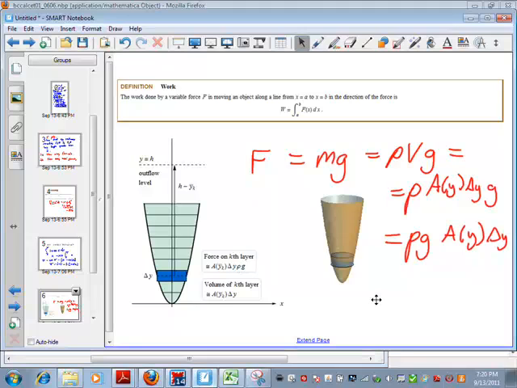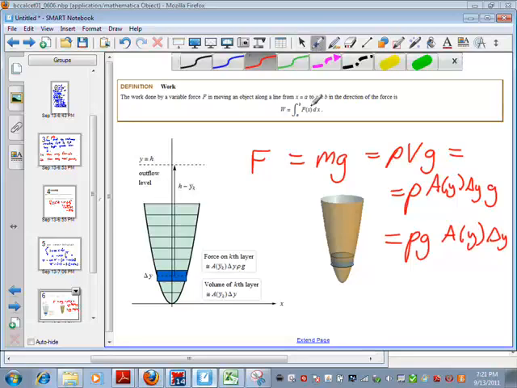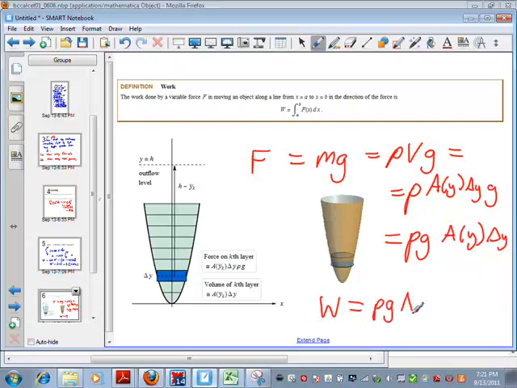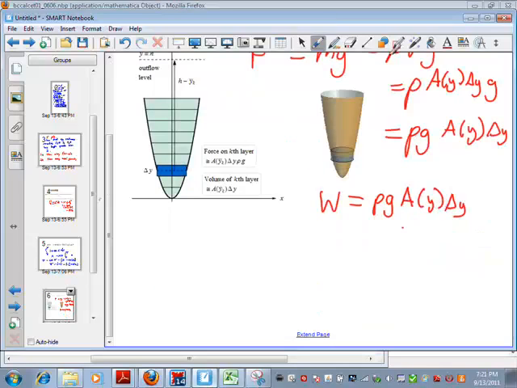Questions about that so far? Now we need to pull this thing out. At level y, if this is level L, and this is H, we want to pull it all the way out to H. I'm at y right now, so I need to pull it a complete distance. The work for just this piece is all of this times the distance.